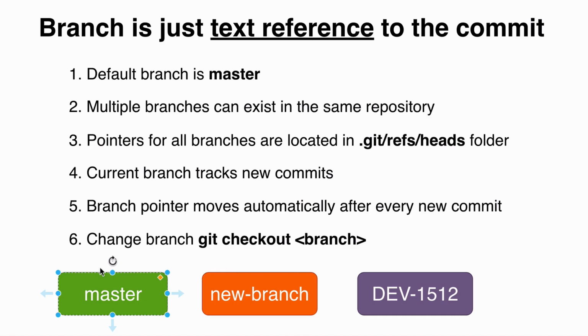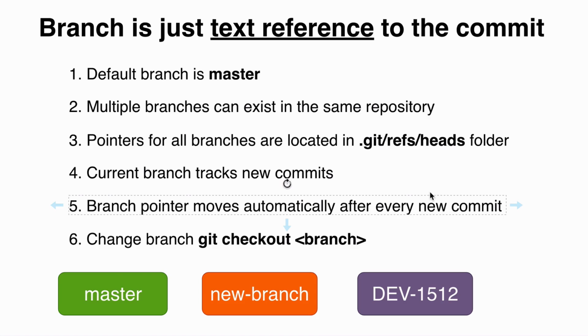And in the master branch, you will not see commits that were made in new branch. That's because the current branch tracks new commits, and those commits are not added to other branches. But there are ways to merge branches and rebase branches, and we will talk about those concepts later on as well.